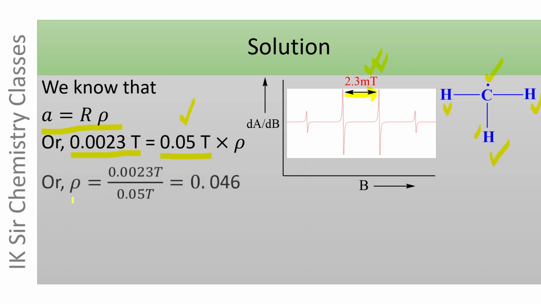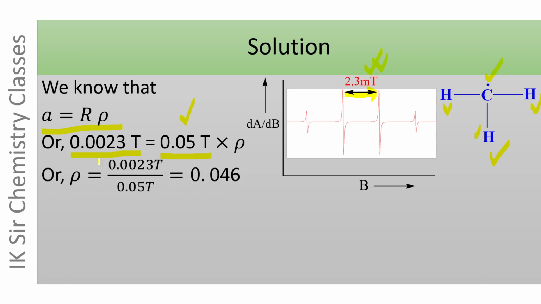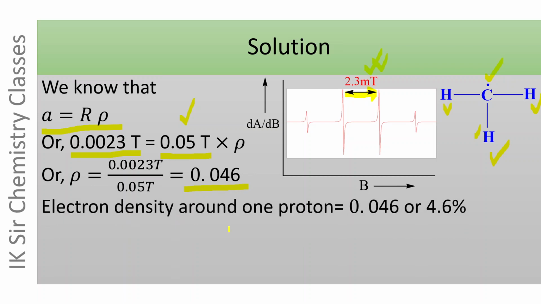On this basis, the value of rho is equal to 0.0023 Tesla divided by 0.05 Tesla, and it is equal to 0.046. Thus, the electron density around one proton is equal to 0.046 or 4.6%.